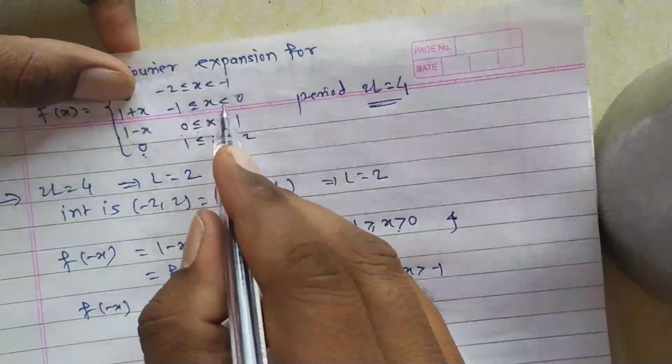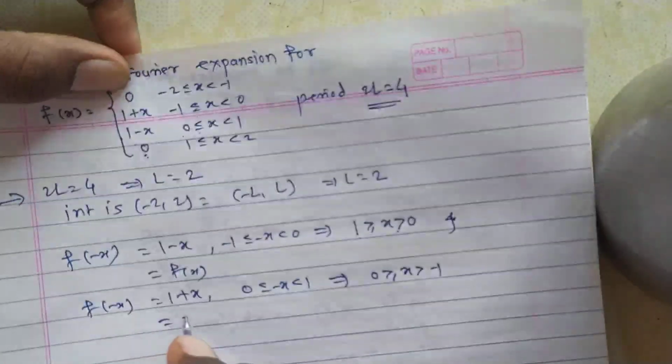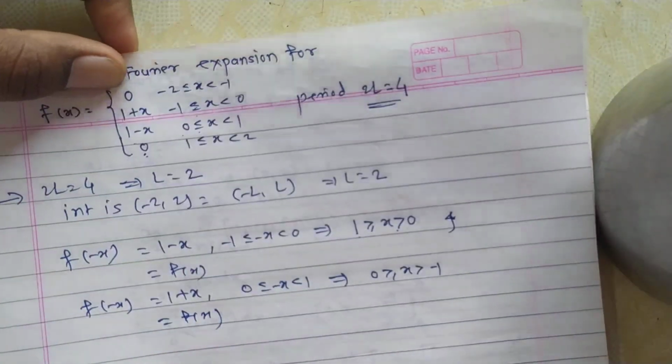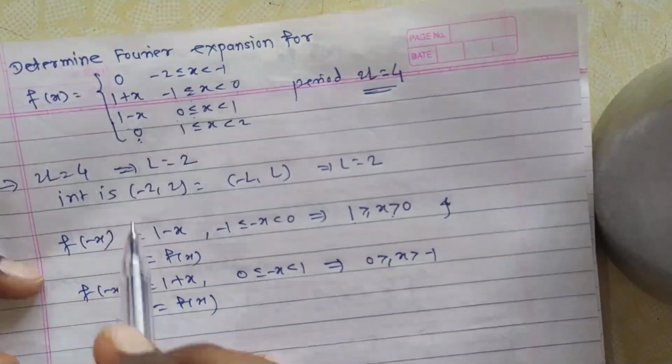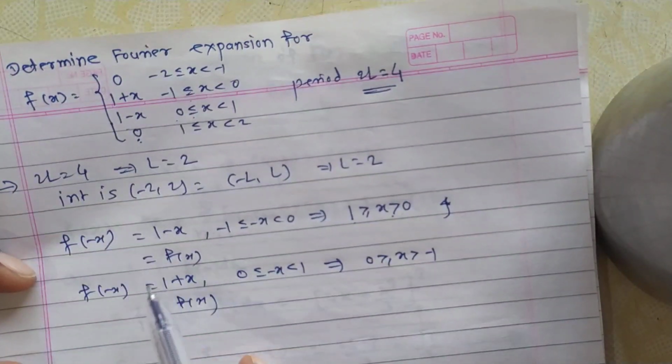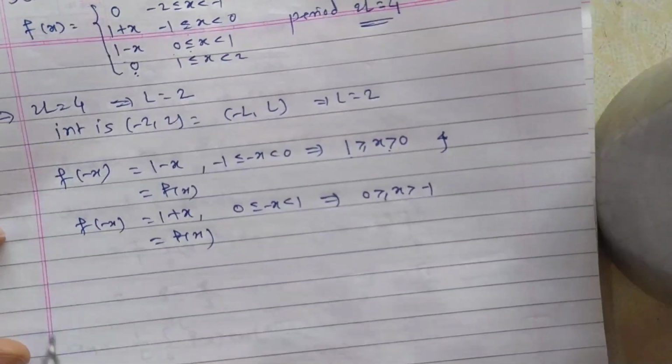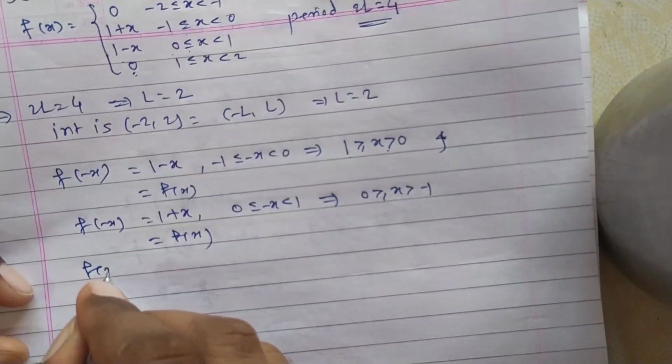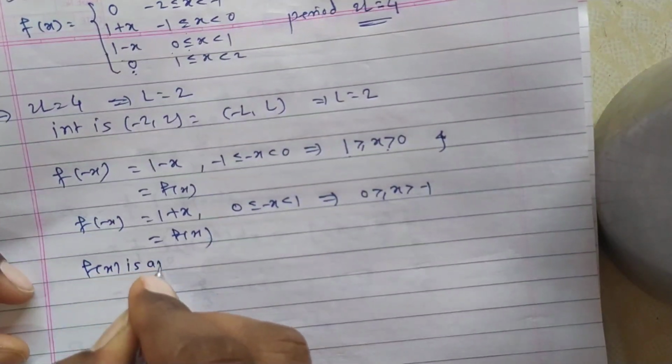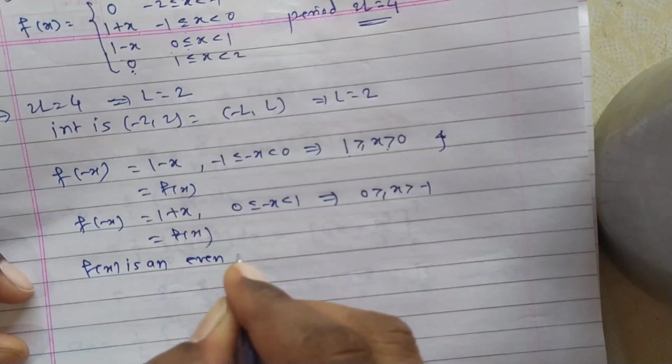In minus 1 to 0, f of x is given as 1 plus x, so this is equal to f of x. In both we get f of minus x equal to f of x. So from this we can say that f of x is an even function.